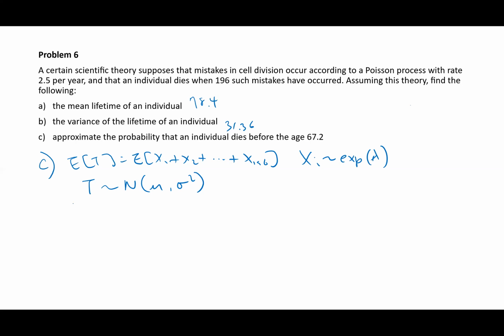I want to know the probability that the person dies before the age of 67.2. So that's like asking, what's the probability that this t variable is less than or equal to 67.2? Okay, and we know the t value is going to have a normal distribution, right? So normal distribution, and the mean we got from part A, which is 78.4, and do we know the sigma? Yeah, we do. We got the variance, so you just square root to get the standard deviation to see what the spread looks like.